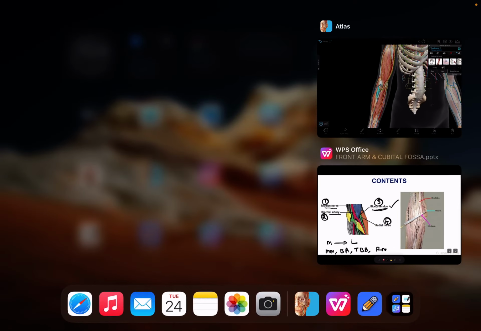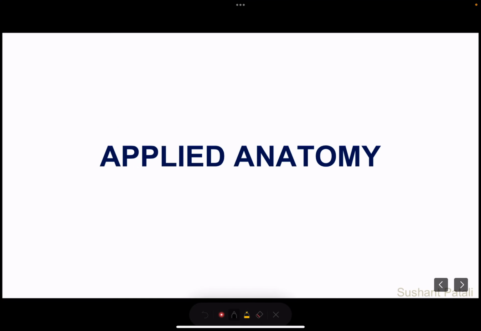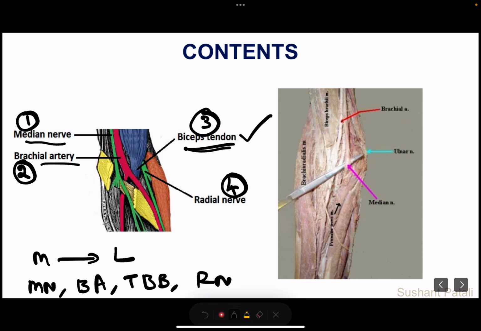All right, so the contents, and then coming to the applied anatomy of the cubital fossa. So before that, we discussed the contents. The brachial artery divides into two terminal branches, the radial artery and the ulnar artery. I want to give you a few more things about the contents of the cubital fossa, especially the two terminal branches of the brachial artery.